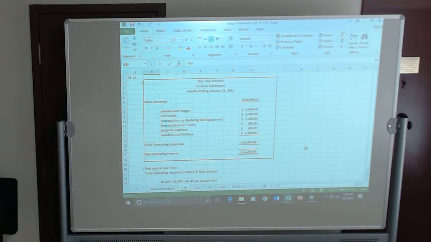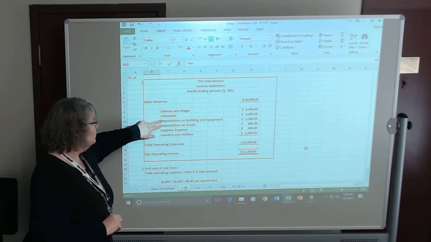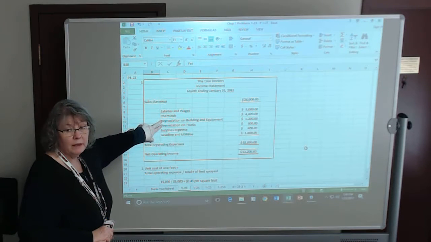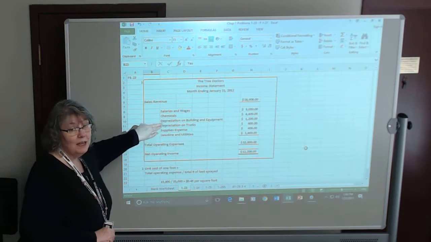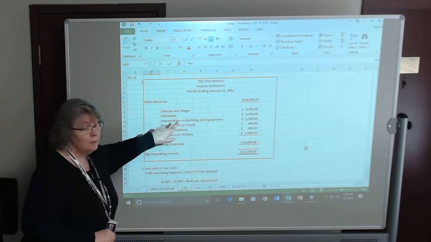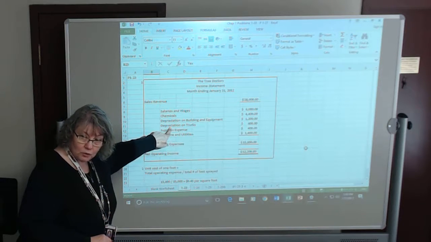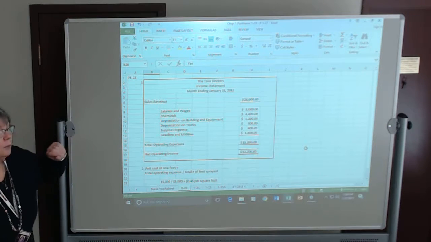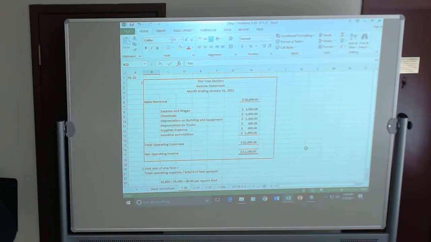This is a service company, so the expense of the depreciation goes on the income statement. If this was a manufacturing company, the building and equipment would be on the statement, but not the vehicle. Because it's a service company though, this is equipment and normal expenses that are incurred on a monthly basis.